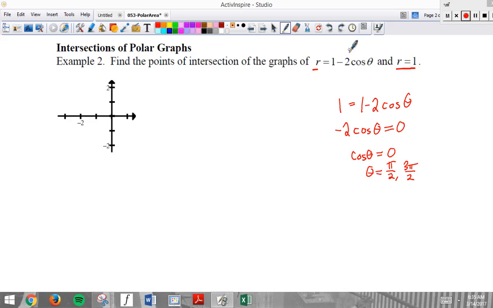So I'm actually going to graph this one in blue. 1 minus 2 cosine theta. Does anybody know what that is? It's a limaçon. So when theta equals 0, we're getting negative 1. When theta equals pi over 2, we get 1, for 3 pi over 2 as well.